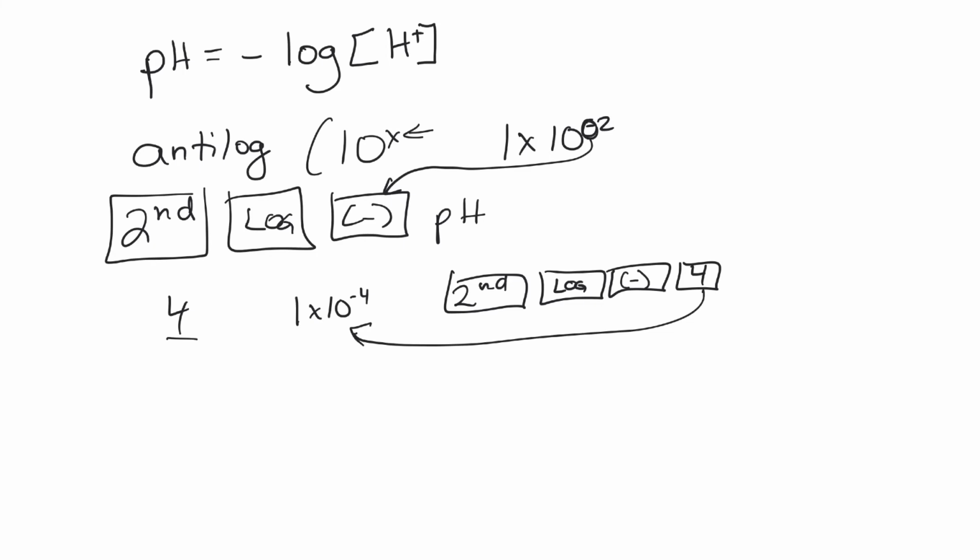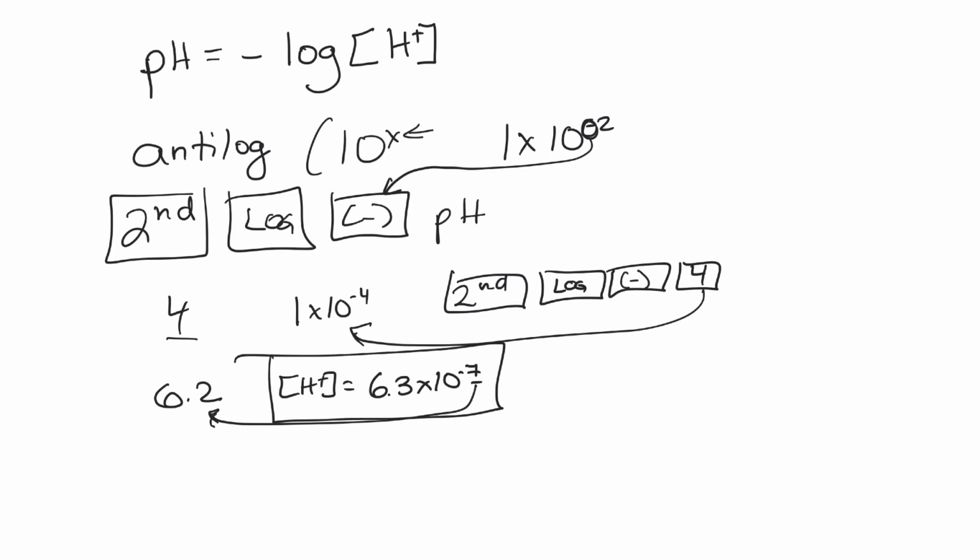Again, if your pH now is a decimal, let's say your pH is 6.2, then I'm going to put in second log negative 6.2 equals, and I get a concentration of hydrogen ions of 6.3 times 10 to the minus 7th. Now you notice the number 7 is close to 6.2, so this makes good sense. This would be our answer.